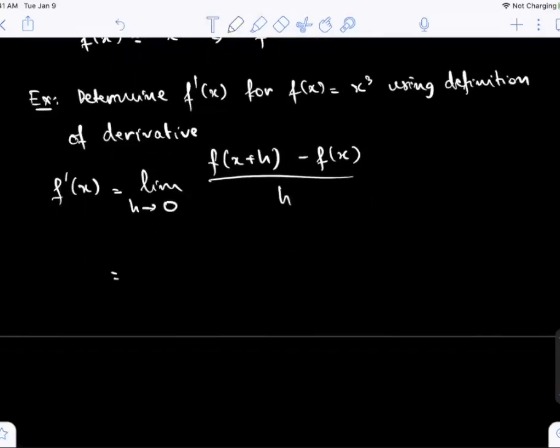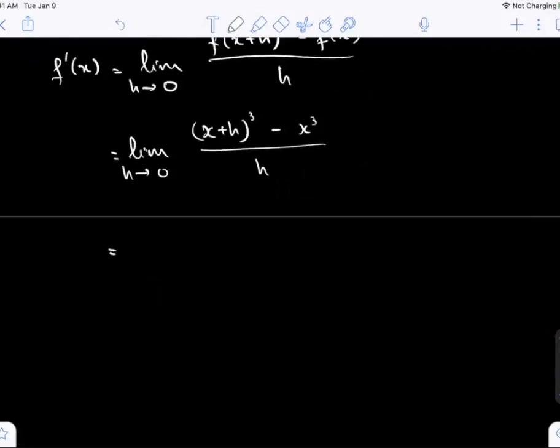So you have the limit as h approaches 0 of (x plus h) cubed minus x cubed, divided by h. Let's expand the numerator.